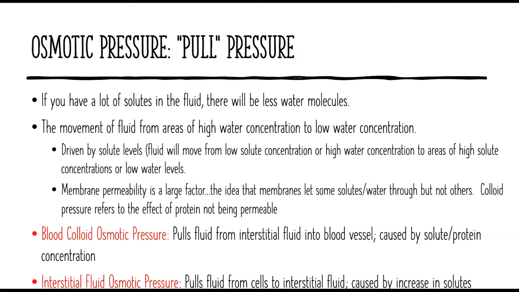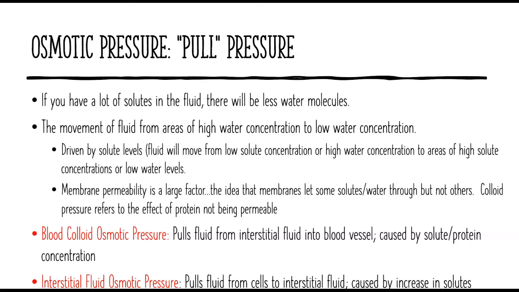Now, if you have a high water concentration, that means you have a low solute level. So really, the movement is going to be water, but it's going to be driven by the solute concentration. Membrane permeability is going to be a huge factor in this, especially in our fluid compartments, because the membranes, the vessel membranes, the cell membranes, can let certain solutes pass through, which can allow them to even out the osmotic pressure, but they don't allow all solutes to pass through, in particular proteins, because proteins are so big.